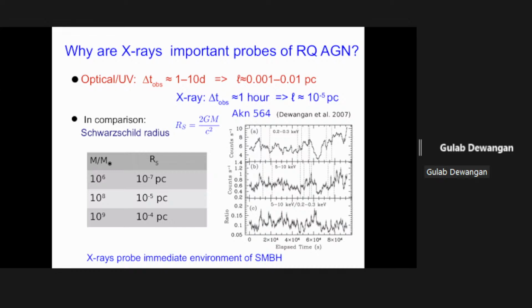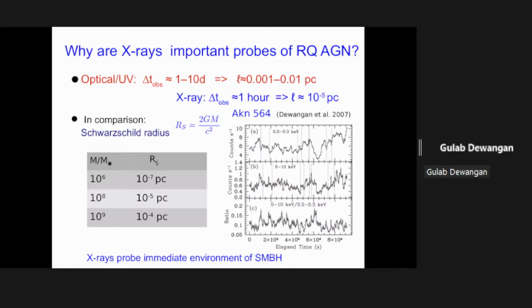As I had mentioned earlier, we can infer that from the time variability of the emission, and depending on the size scale it implies, we can infer that the emission from a particular band must be arising from a certain region. In the case of X-rays, I had mentioned that we have a doubling time scale of about 1 hour or so, even shorter sometimes, depending on the black hole mass.